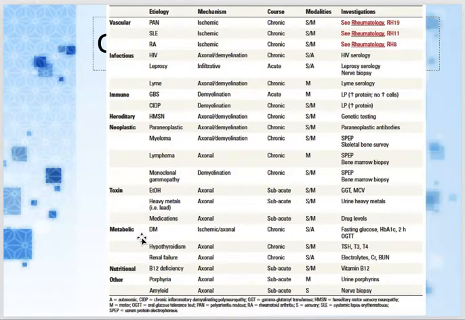So this is how we treat things, right? And of course, for example, talking about carpal tunnel syndrome or sciatica, or any type of nerve entrapments, what is the treatment? Of course, treatment is surgery, right?